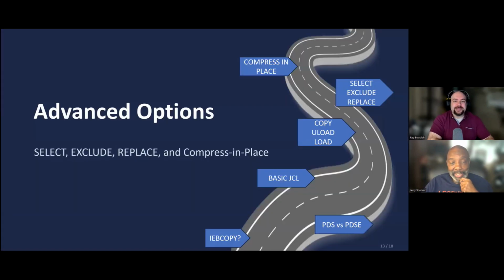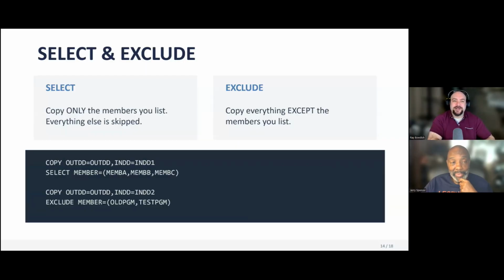So now we're getting into the advanced options. This lets you do other things like select certain members, and as Jerry said, what happens when the member that you're copying to already exists, and other fun functions. So I'll let you take it back, Jerry. All right. So, select says, "I want these members." And you give it the data set, the DD statement, and the member name that you want, and it says, okay, that's great.